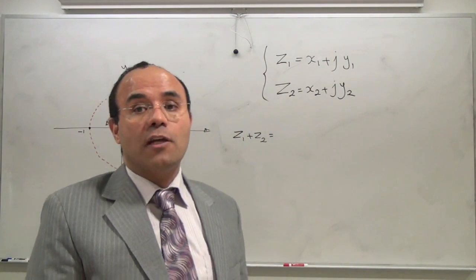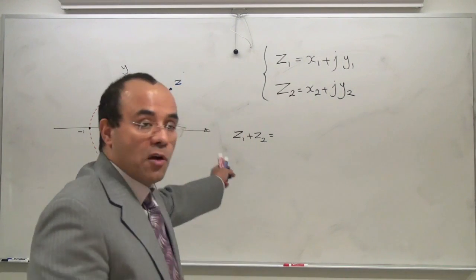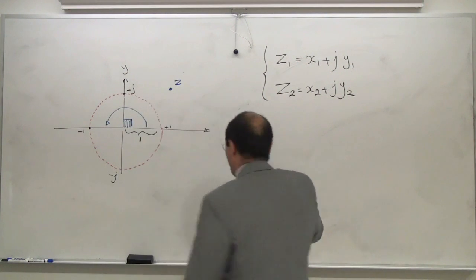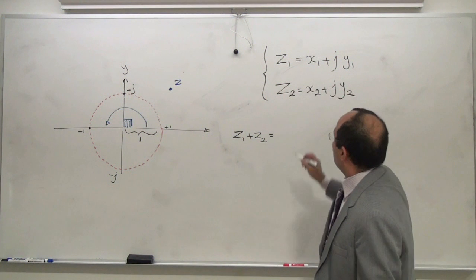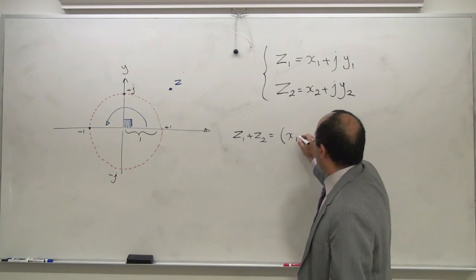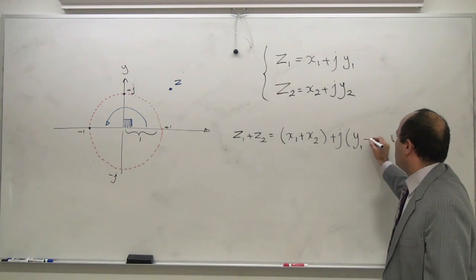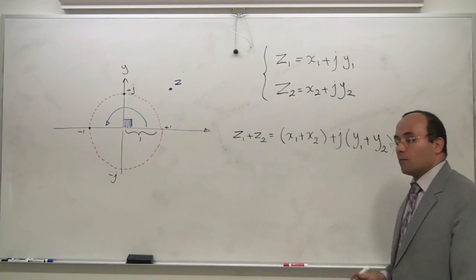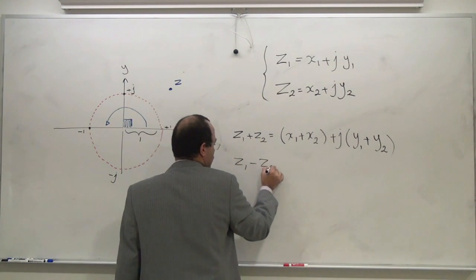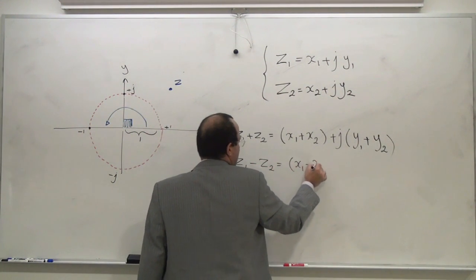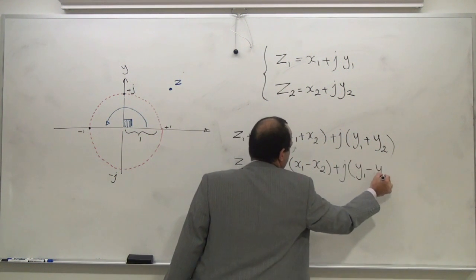At some time, I would like you to be able to utilize the calculators, and if you do, you don't have to worry much about these operations. But suppose you forgot to bring your calculator inside the exam. Summation is easy to do, because I can say this is x1 plus x2 plus j y1 plus y2. Subtraction is easy to do. It's going to be z1 minus z2 as equal to x1 minus x2 plus j y1 minus y2.